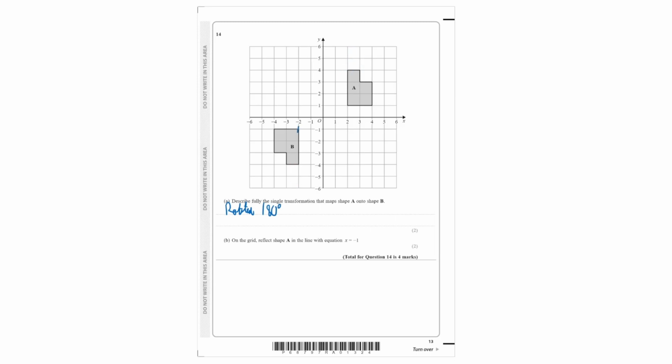We can see that this corner is congruent to this corner, and if we simply draw a line, any point which intersects on the vertices is the point of rotation. So rotated 180 degrees about point, and then we simply write the coordinates of the point, 0, 0.